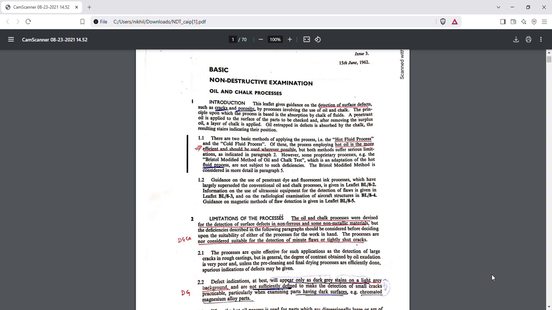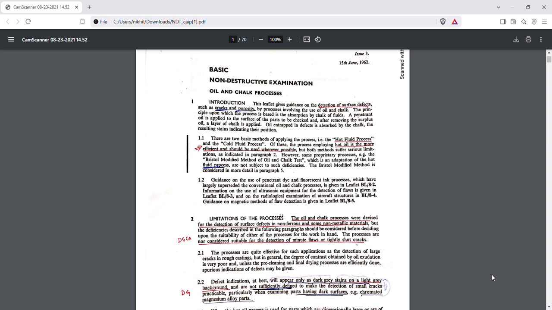This printout is related to NDT books. So now 1.2, guidance on the use of penetrant dye and fluorescent ink processes, which have been largely superseded by the conventional oil and chalk process, is given in leaflet BL 8-2. Information on the use of ultrasonic equipment for the detection of flaws is given in leaflet BL 8-3, and on the radiological examination of aircraft structure in BL 8-4.